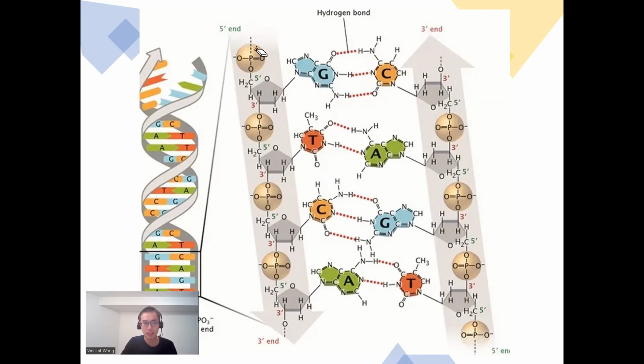So, you can see the arrows, they're pointing in opposite directions. Okay, don't worry too much about how you know which one is 5 and which one is 3. What's important is to know that we use these numbers to designate direction, and that they are opposite for each strand.